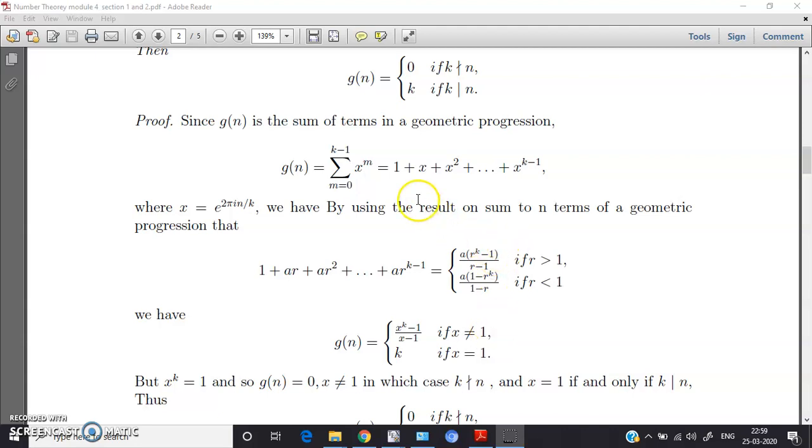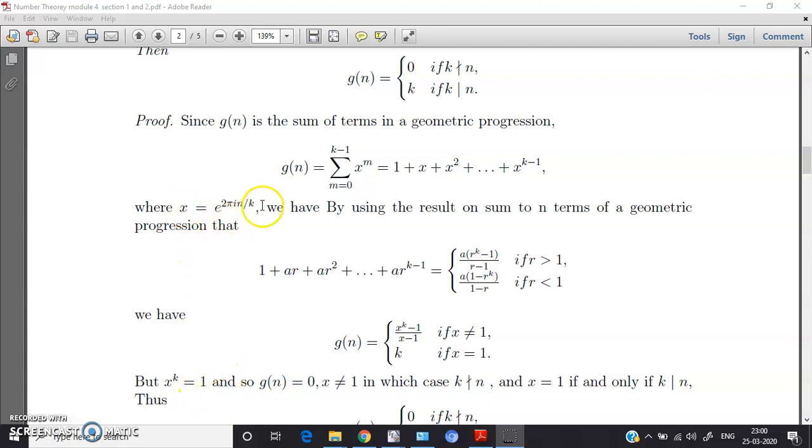And if x equal to 1, then this summation becomes the sum from m equal to 0 to k minus 1 of 1, which is nothing but k. So if x is equal to 1, we have k. Now we know that x is equal to e raised to 2 pi i n by k, and if I take the power x raised to k, you can clearly see that the k will get cancelled, and you will get e raised to 2 pi i n, and this will reduce to 1.